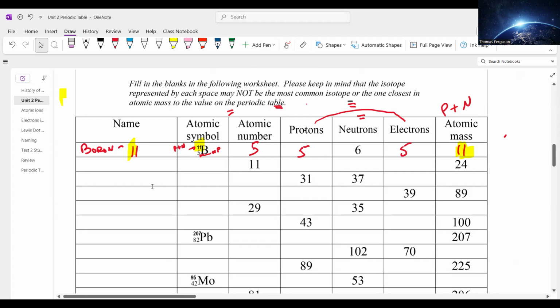I do have a handout for you there. I just remembered. So it's got all the elements on it, but they're arranged alphabetically. On the periodic table, sometimes it's hard to find the elements. So I put this together for you guys. Make life easier.